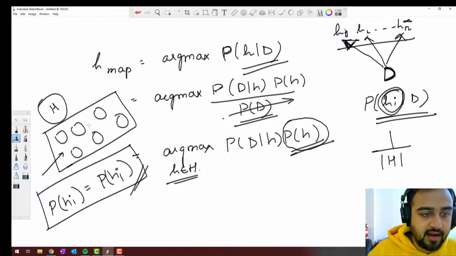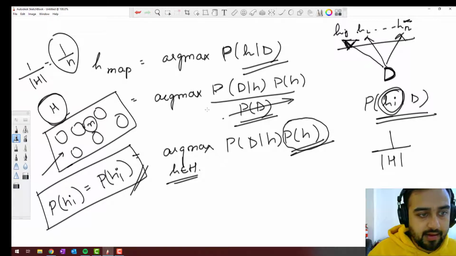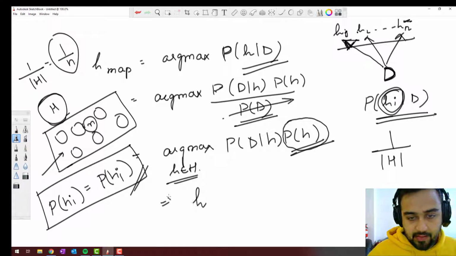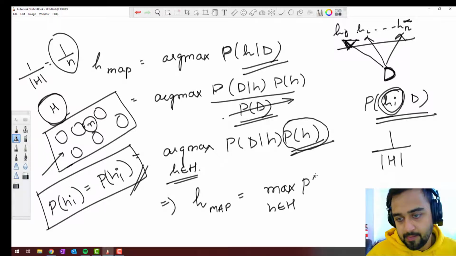Let's say there are n hypotheses in the hypothesis space; for each hypothesis the probability of occurrence would be 1/n. Therefore, that leaves us with H_MAP equals max for H belonging to the hypothesis space capital H, P(D given H).